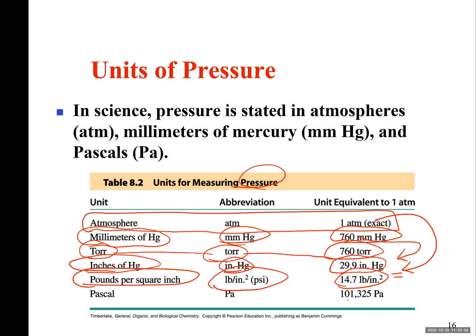And as I said, another small, tiny unit of pressure is the Pascal. And every atmosphere is 101,325 Pascals. We show Pascal with Pa. So these are all the units of pressure.